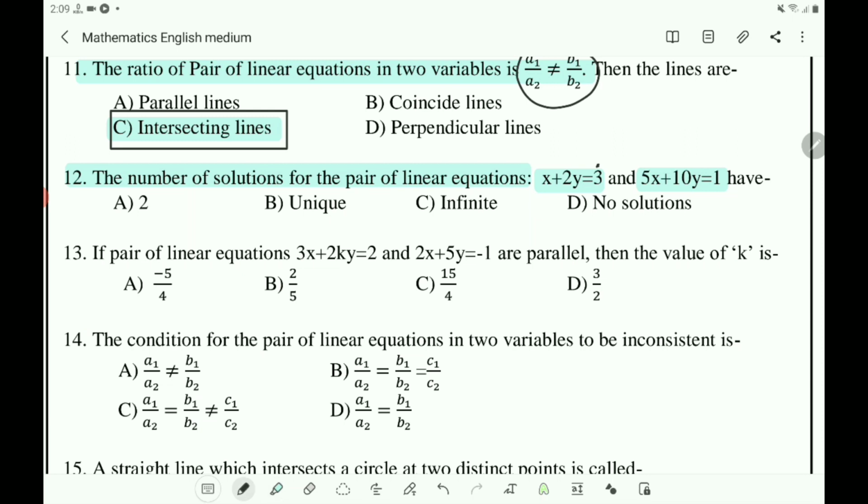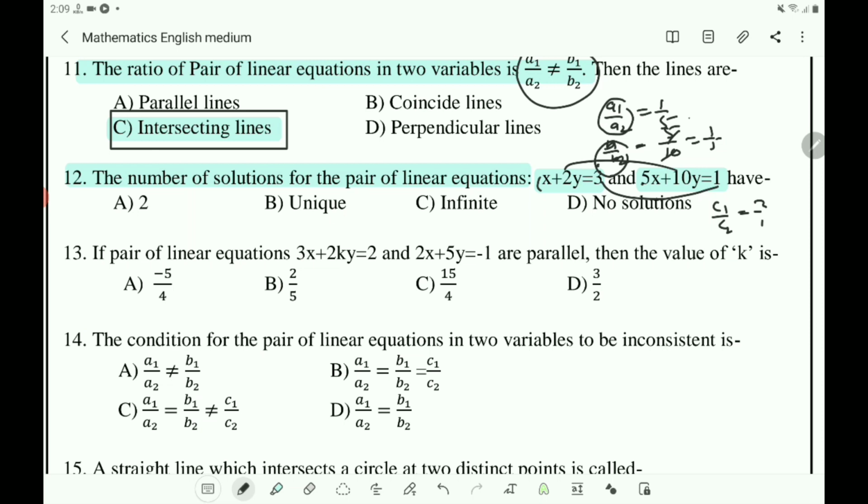To find the solution, here you take a1 by a2. a1 by a2 is 1 by 5 and b1 by b2 is 2 by 10, which is also equal to 1 by 5, and c1 by c2 you will get 3 by 1. Here you got these two are same. a1 by a2 equals b1 by b2, which is not equal to c1 by c2.